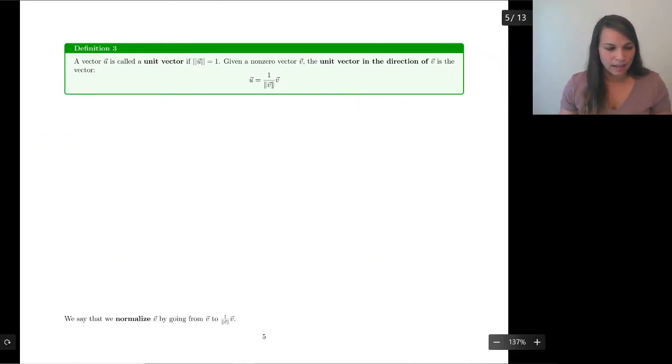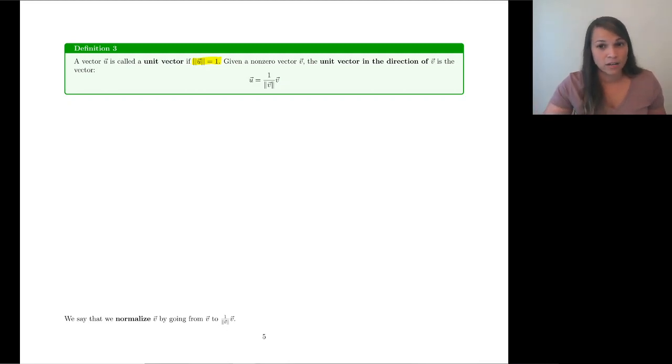All right. So next definition, we've got a vector is called a unit vector if the length of u is 1. Now let's say we have a non-zero vector and its length isn't necessarily 1.